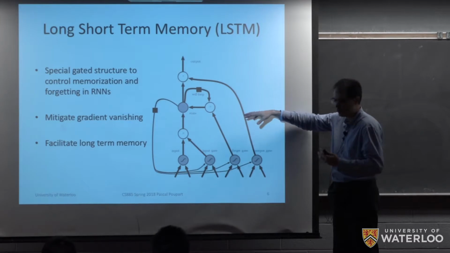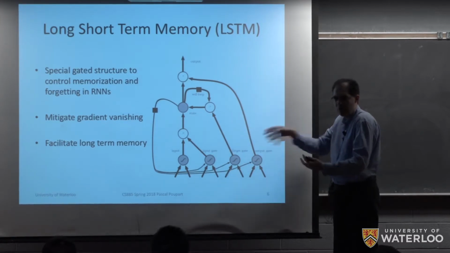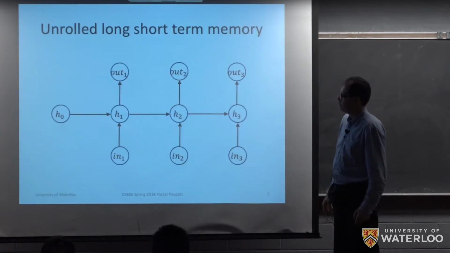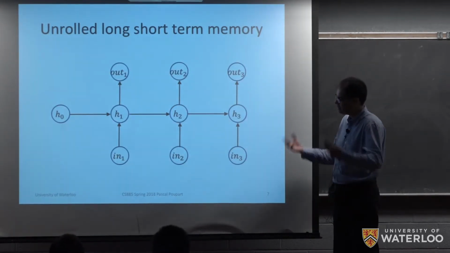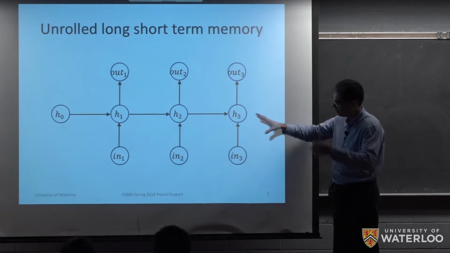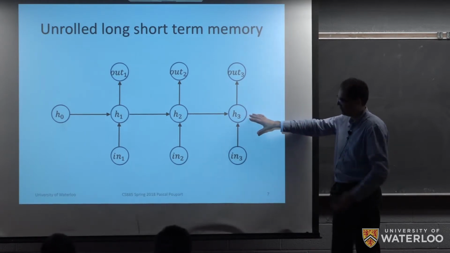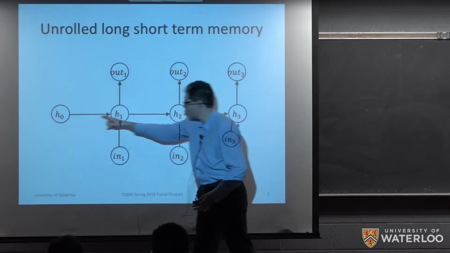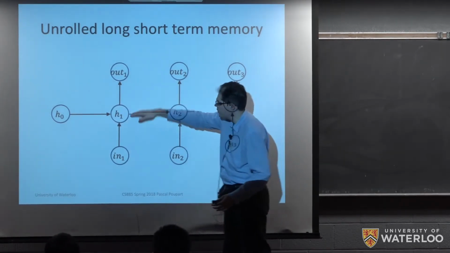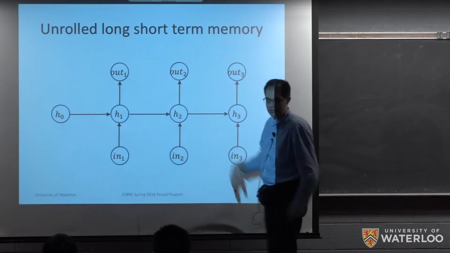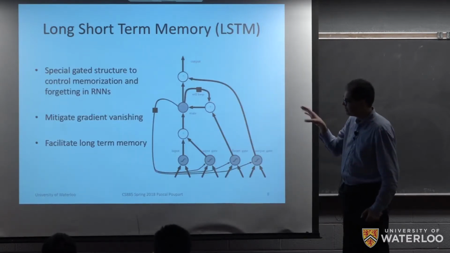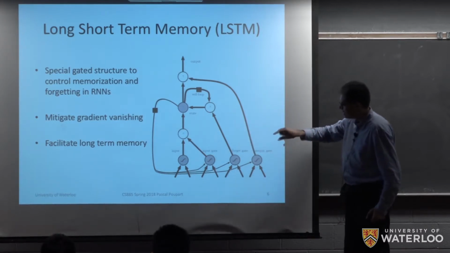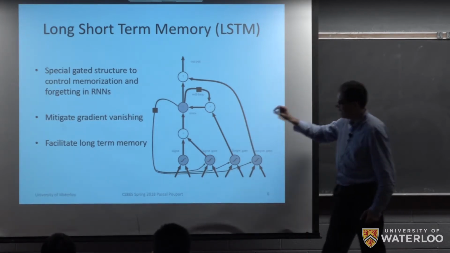So this is a drawing for the recurrent form, but now let's unroll this type of unit. If we unroll it, the easiest way to think about it is just to start from a regular recurrent neural network where perhaps I have some inputs here. They feed into some hidden units, and then the hidden units are going to produce some outputs. Now, what's special about this LSTM cell is that it has some gates.